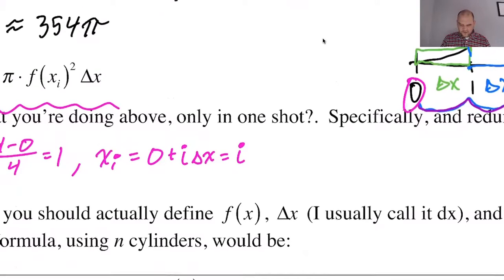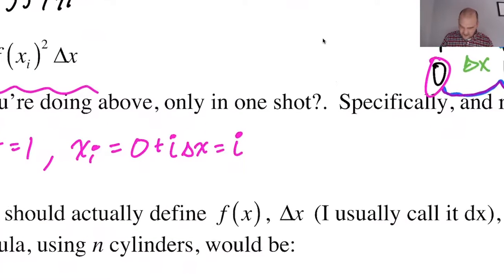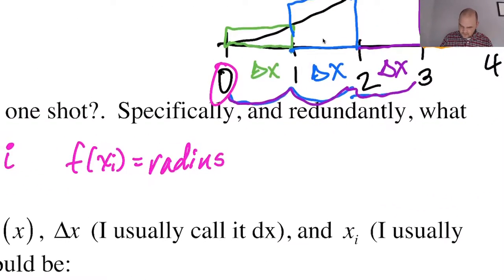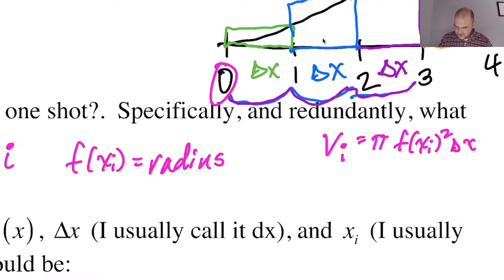And then what else is happening here? So f of x sub i is the radius of our cylinder. And then the volume of anything, so I'm going to say the volume sub i, the volume of the ith cylinder, is going to be pi, the radius, which is f of x sub i, squared, times delta x.